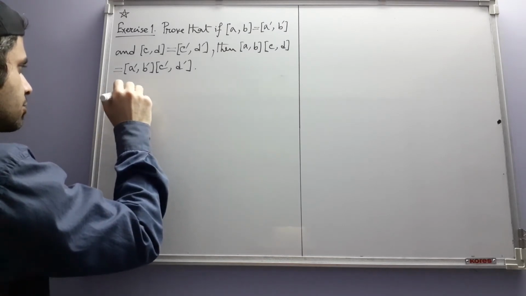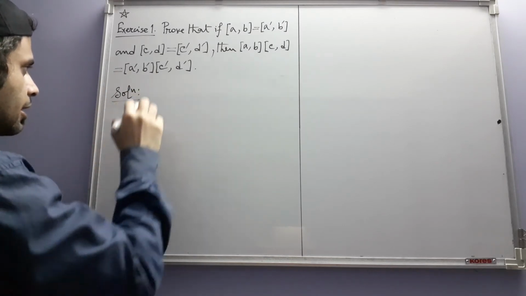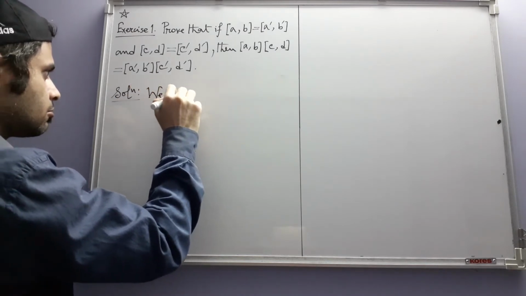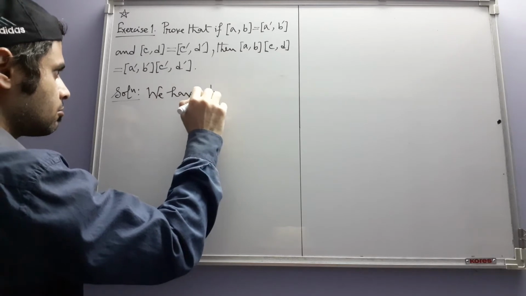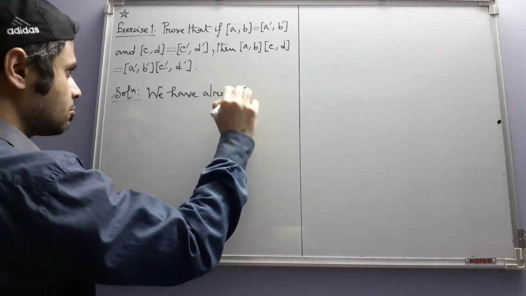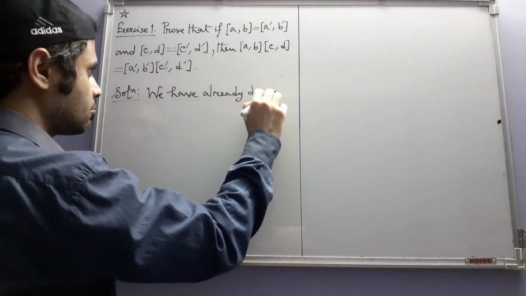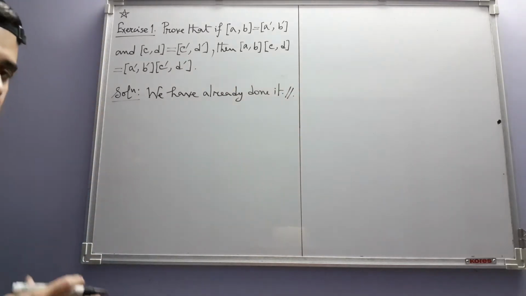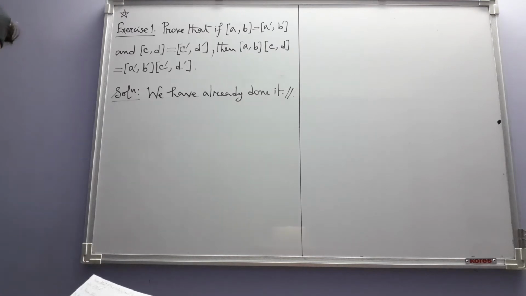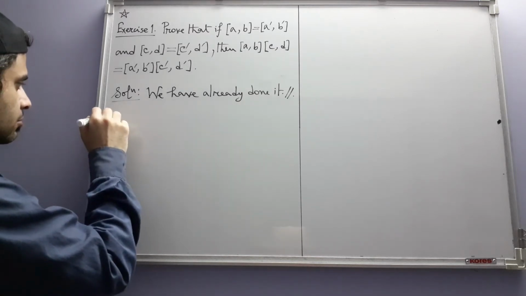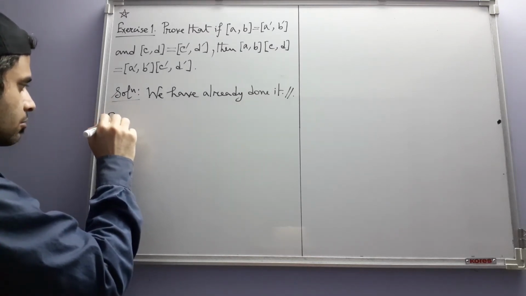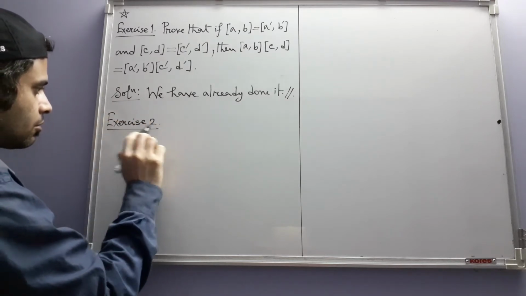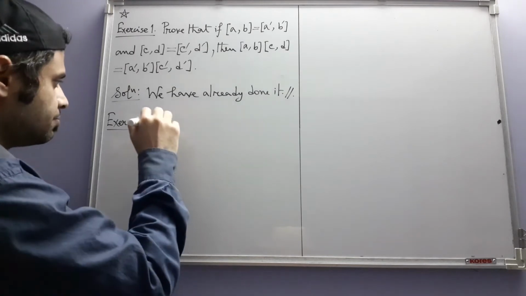So in place of solution, you can write we have already done it. The first few exercises are like that. Exercise 2.